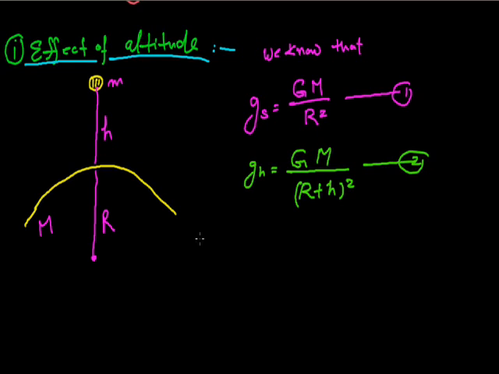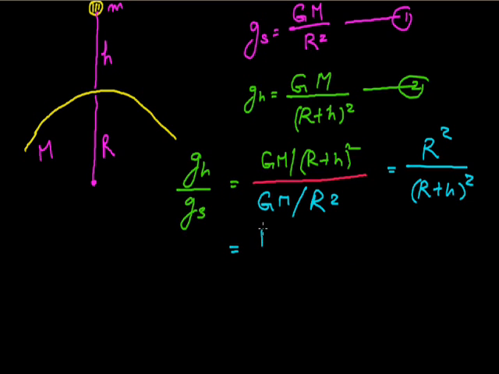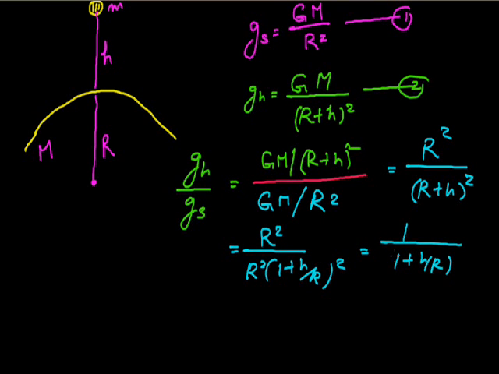Comparing these two, gh by gs will be equal to G M upon R plus h whole square upon G M upon R square, that is R square upon R plus h whole square, which is 1 upon 1 plus h upon R whole square.